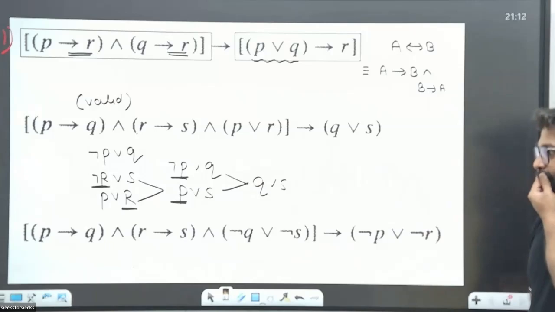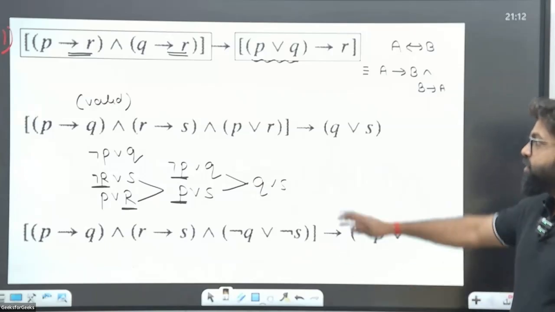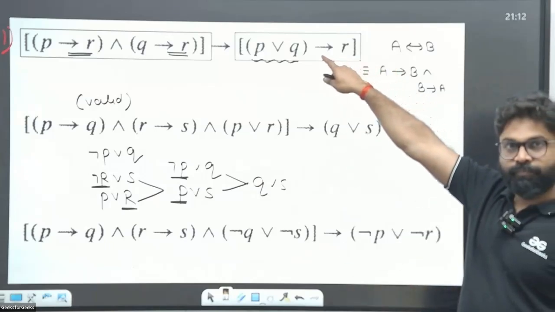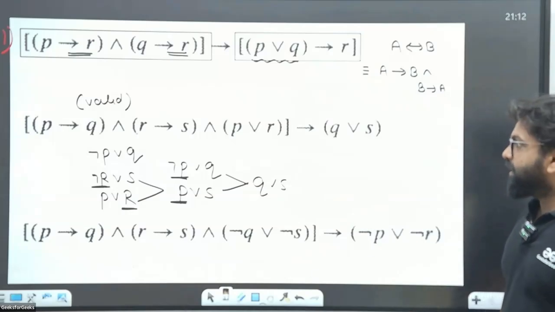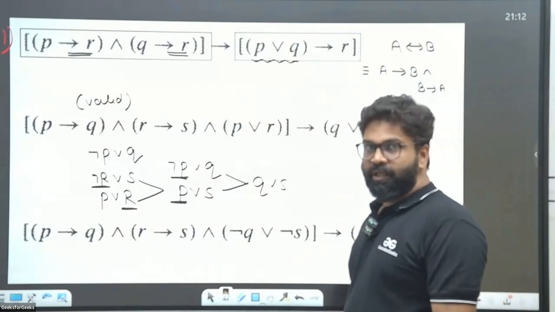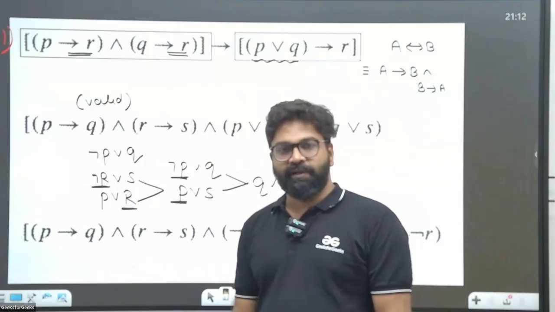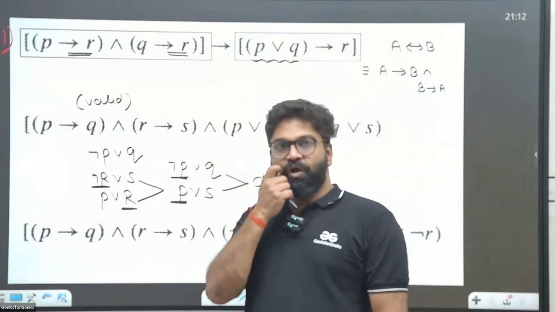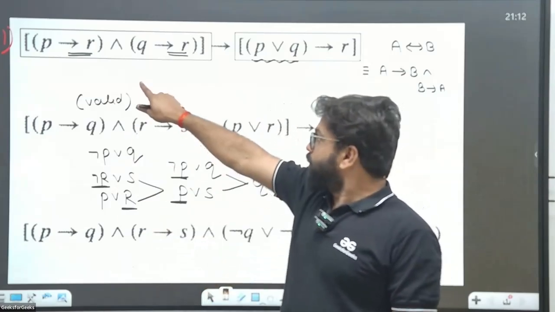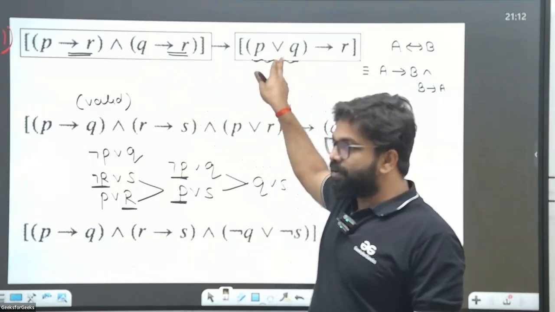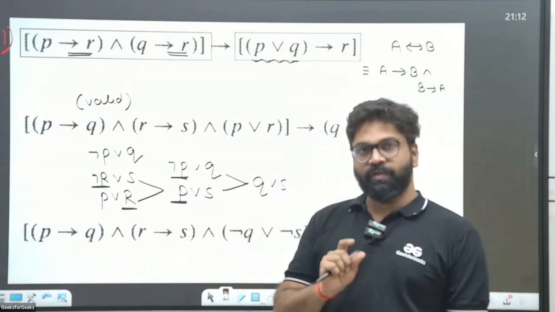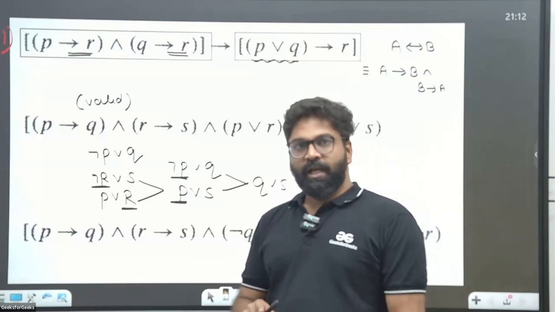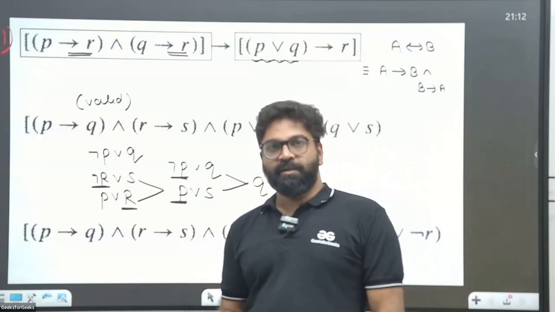Sir, can you repeat the first two ones, sir? First one, this one. Yes, sir. This one is basically, if you remember, in the type 2 logical equivalence, when I was teaching you the concept, there I taught you this box is equivalent to this box. Whenever one box is equivalent to another box, equivalent means double implication.